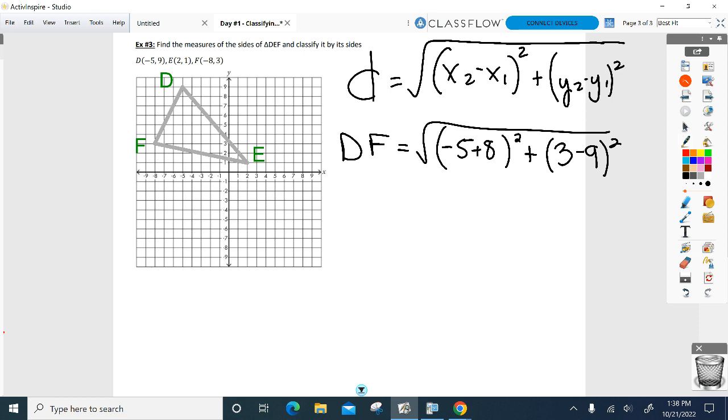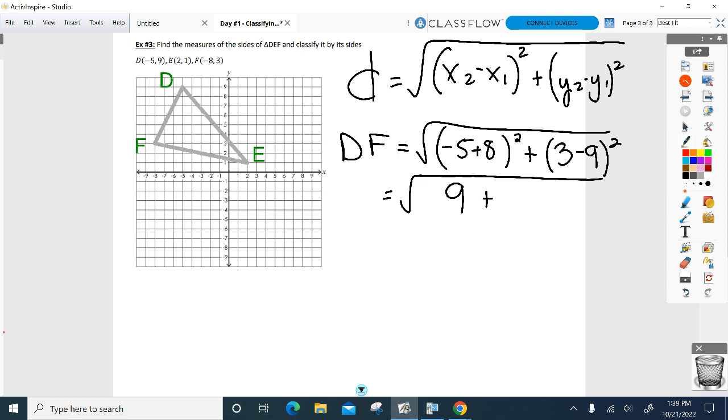All right, I'm not assuming anything, that we all remember this and we're good to go. So I'm going to take it step by step. 3, right? Squared. 9. Plus -6 squared. -6 squared.